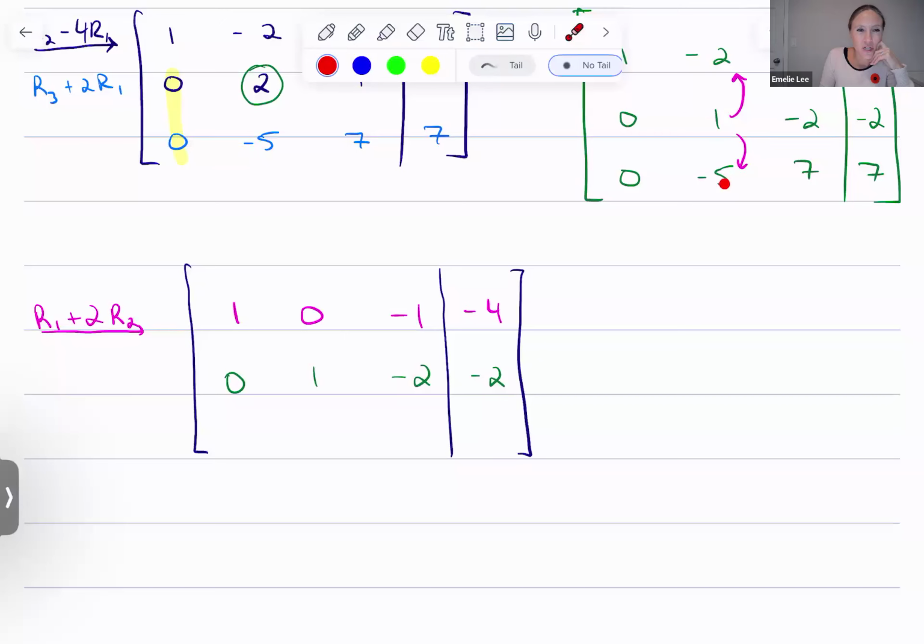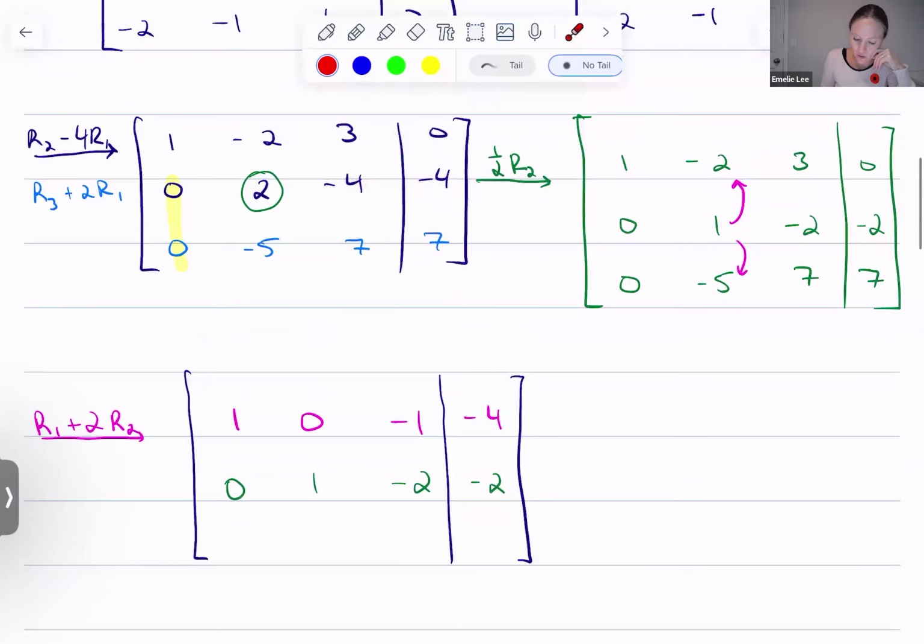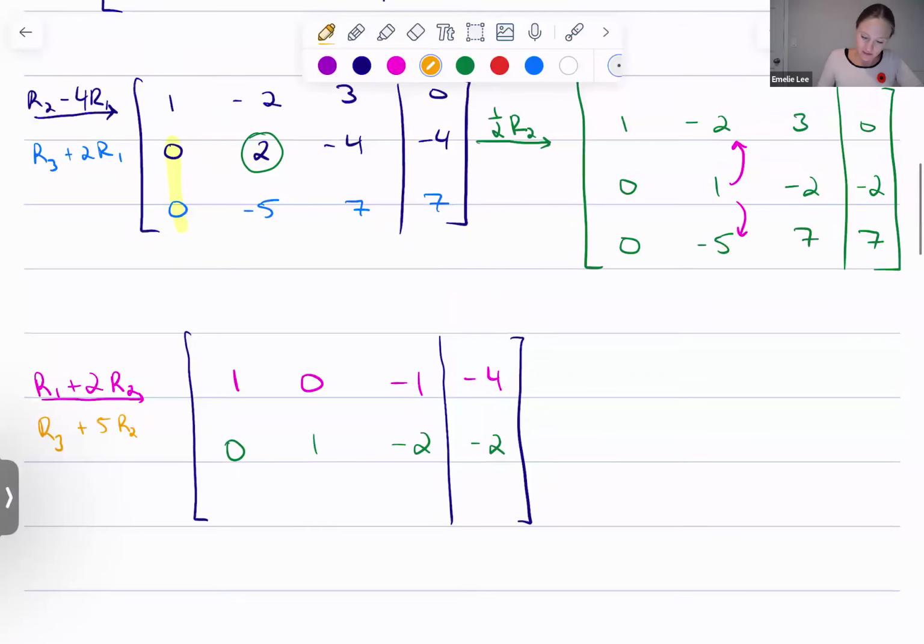So to change this -5 into a 0, I have to do row 3 plus 5 times row 2. Again, 0 plus 5 times 0 makes 0, so that's good.